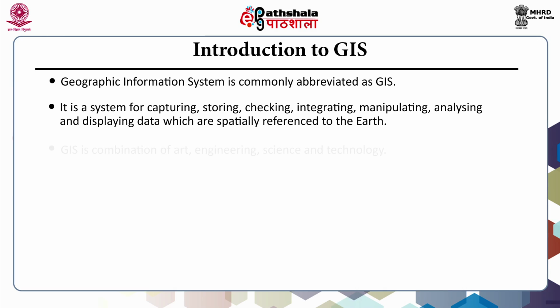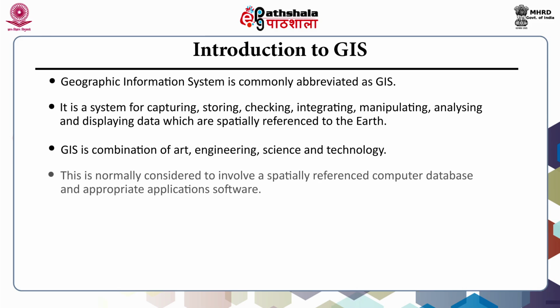So, GIS is basically a combination of art, engineering, science and technology. That means we use all these things in GIS to arrive at the best decision for a problem. This is normally considered to involve a spatially referenced computer database and appropriate applications software.